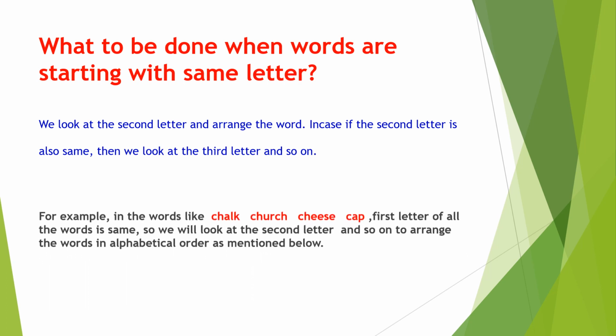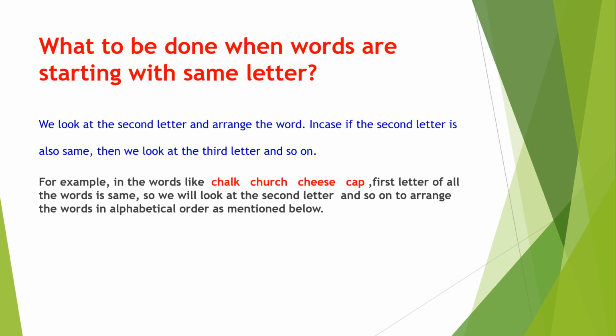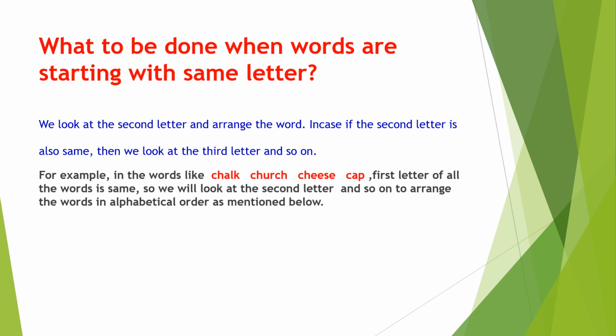To arrange these words in alphabetical order, we need to look at their second letter. The second letter in the word chalk is H. In the word church, it is again letter H. In the word cheese, the second letter is one more time H. But in the word cap, it is letter A, which is coming at second place.